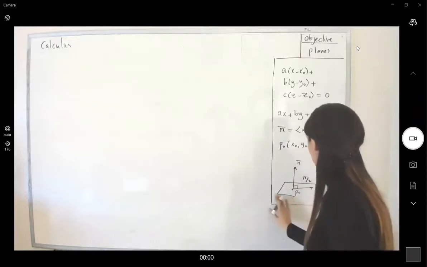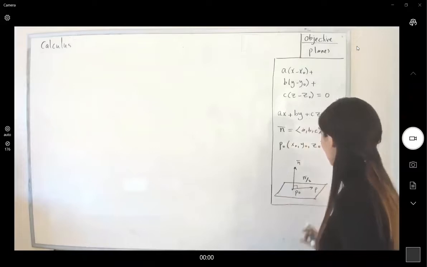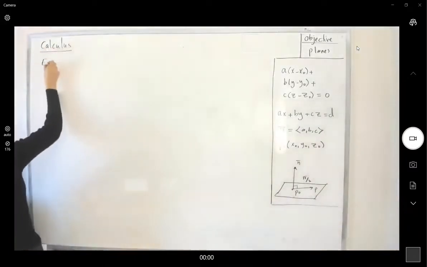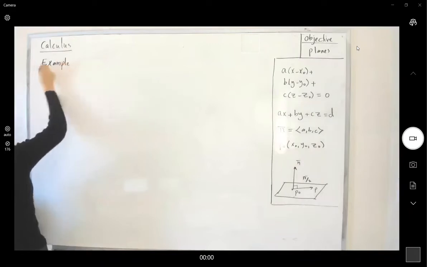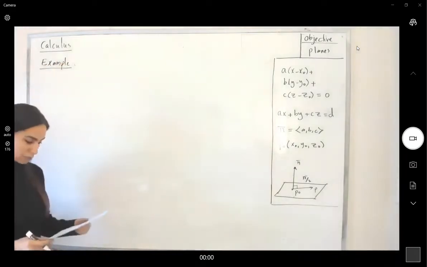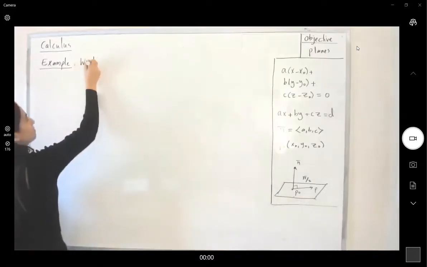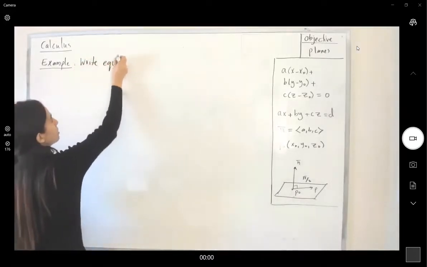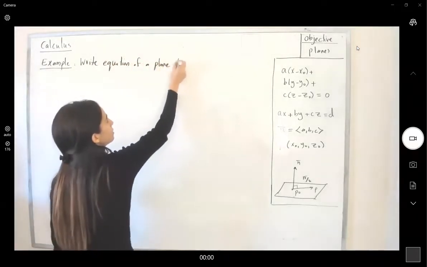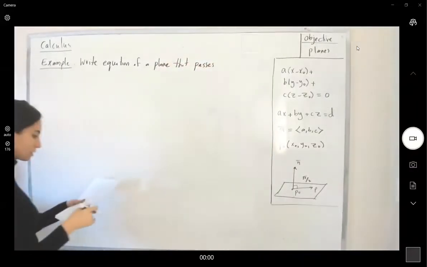Okay, perfect. What's next? We're going to go over some examples. This example says, write equation of a plane that passes through these 3 points.